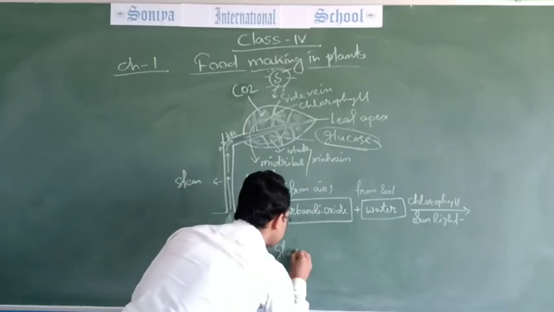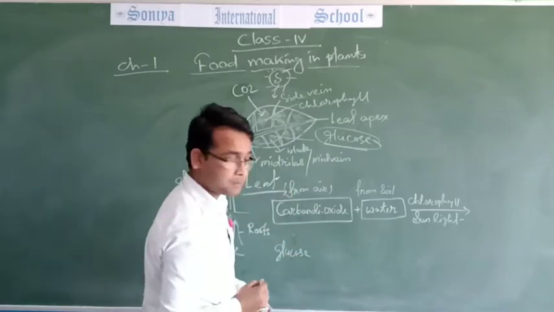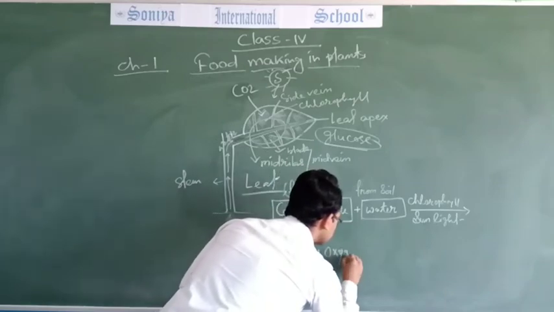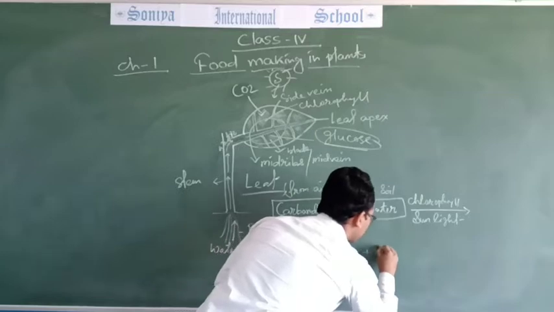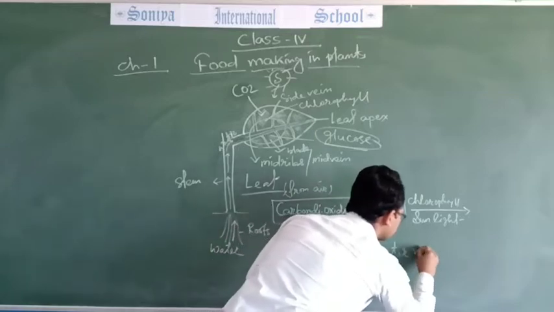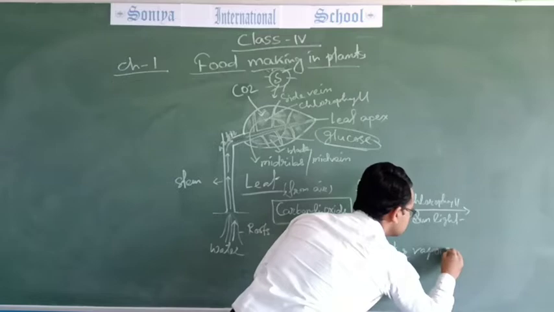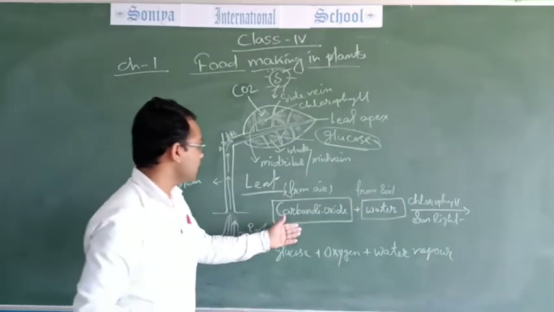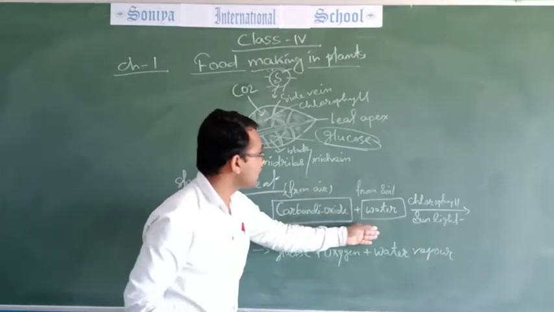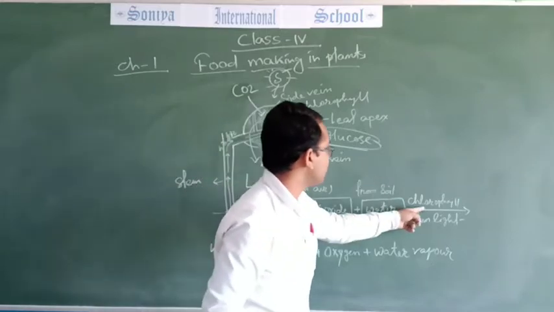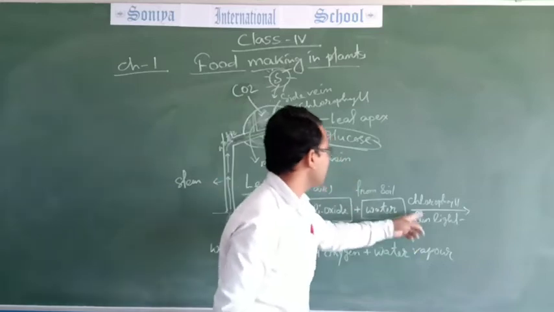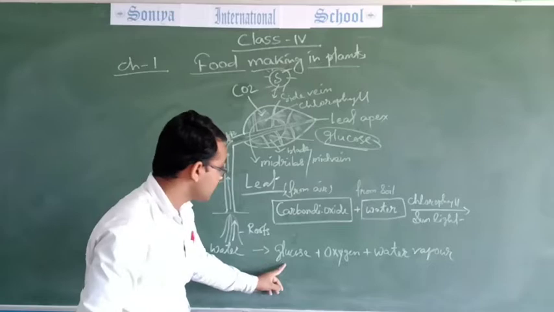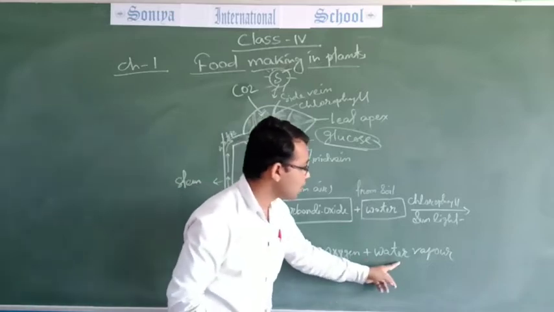Glucose plus oxygen and water vapor. Carbon dioxide from air, water from soil, chlorophyll in leaves, sunlight from sun, and form glucose, oxygen and water vapor.